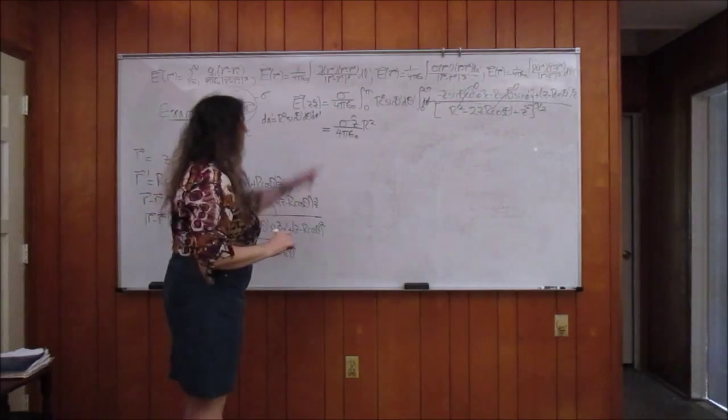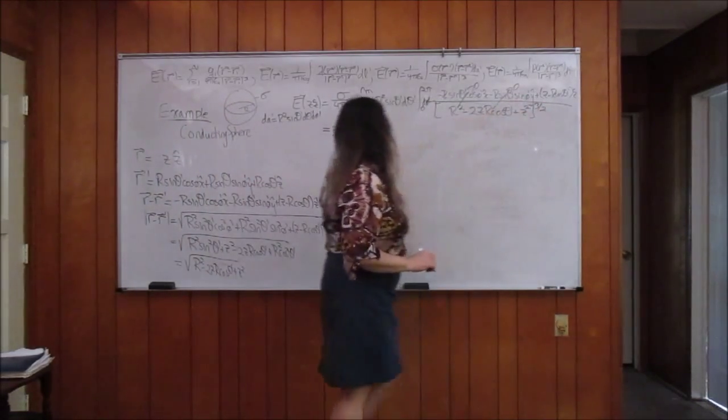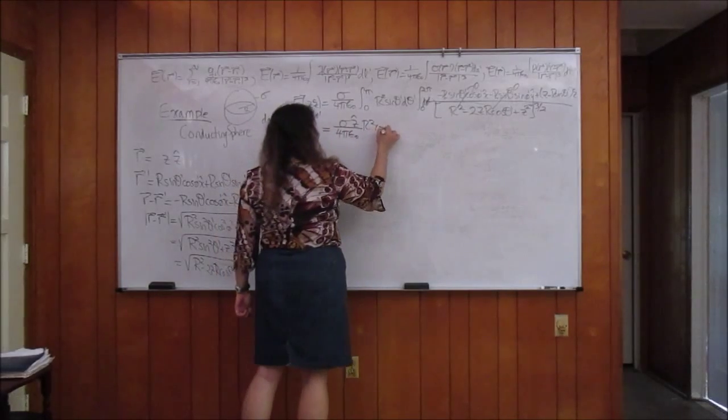Okay? So when I do the integration, there's no phi prime in this last term, so that just gives me a factor of 2 pi.